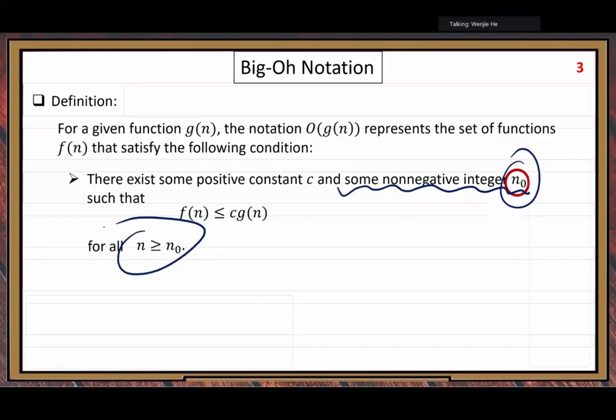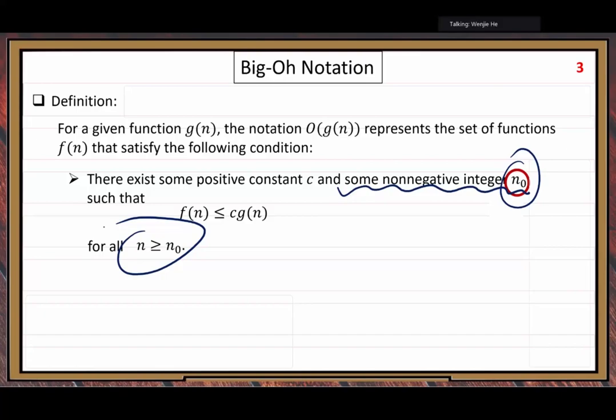This statement is actually not easy to understand, so we need to spend some time to understand it. The first part that's hard to understand is this n naught constant. Here we only require that this inequality holds after n is greater than or equal to n0.